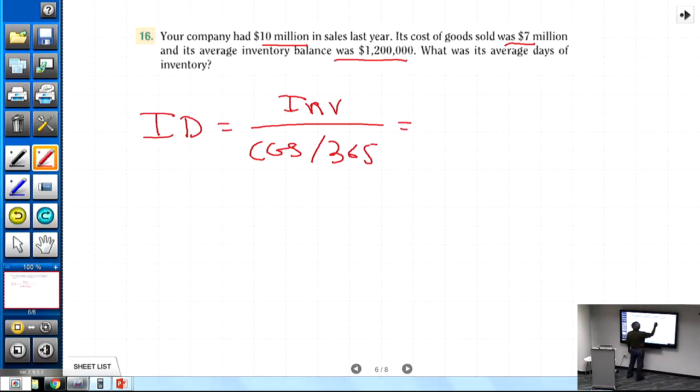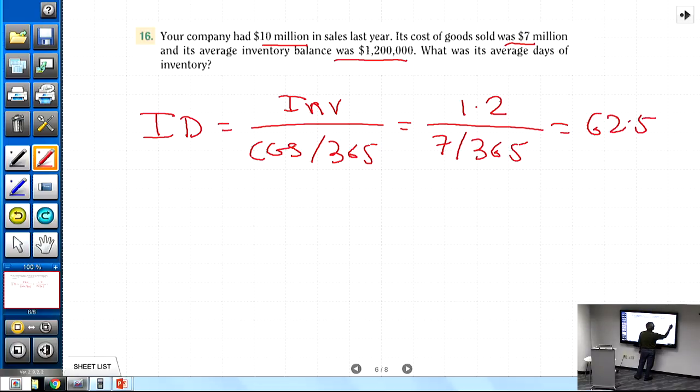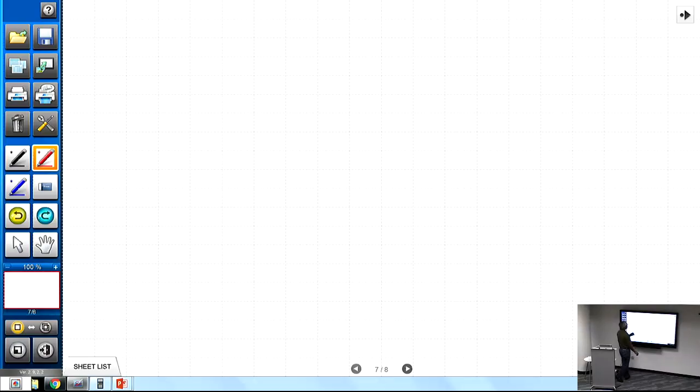So inventory is 1.2 and cost of goods sold is 7 divided by 365. That will be 62.57. So that completes chapter 19.